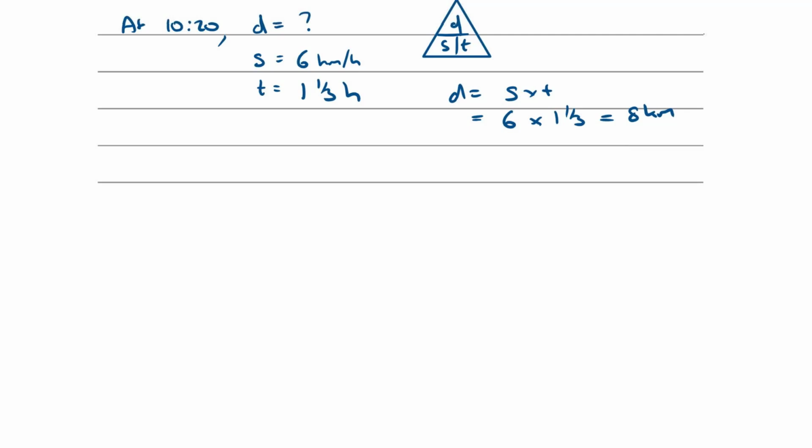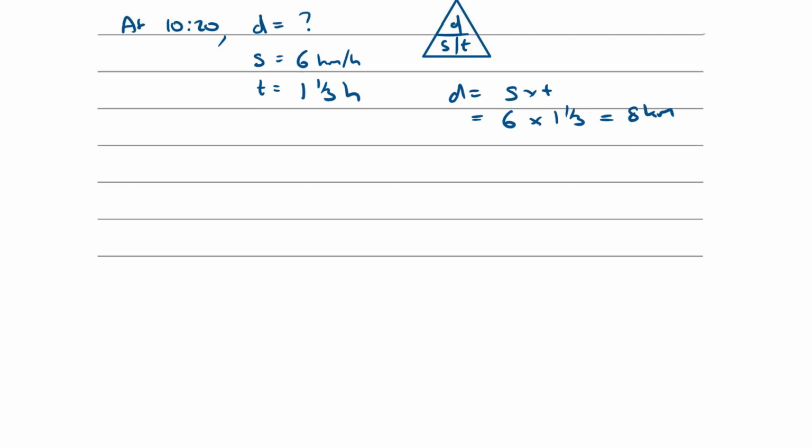Okay, so let's work out how fast Joe is running then. So this was Priya's journey, and now we move on to Joe. He left at 9:30, and so by the time he got to 10:20, the distance we know was 8 kilometers.